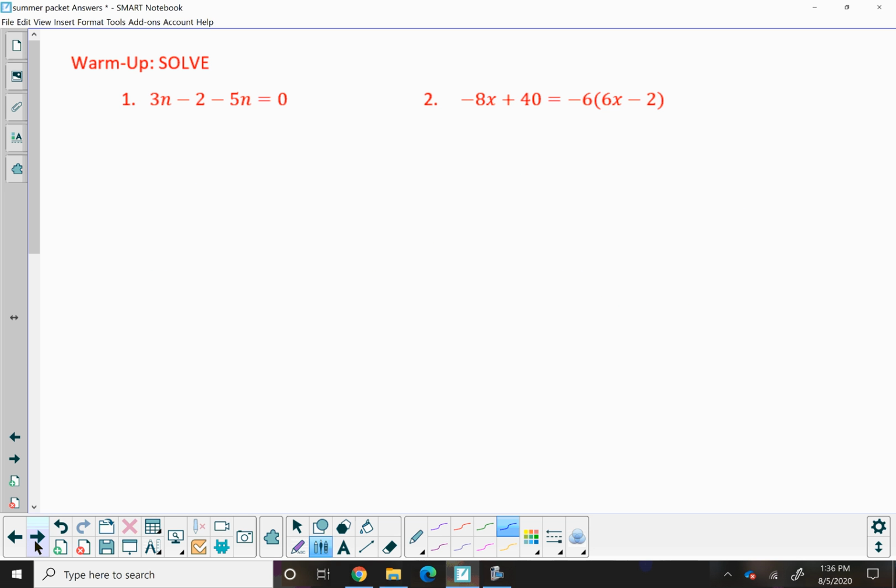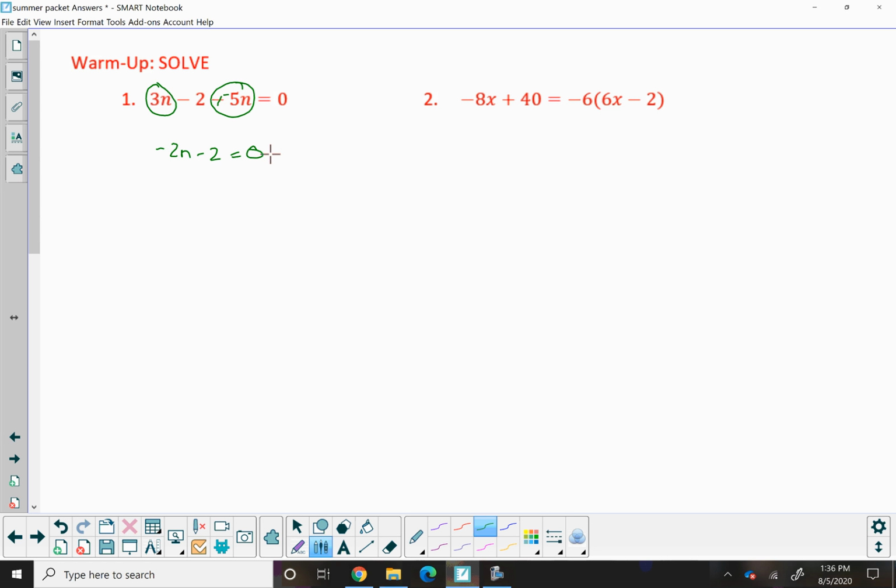Okay, so let's go ahead and go over them. This is just basically warming up. If you look at the first one, we have like terms. We have 3n and we have minus 5n. Well, 3n minus 5n, leave change opposite, and we're going to get negative 2n minus 2 equals 0.